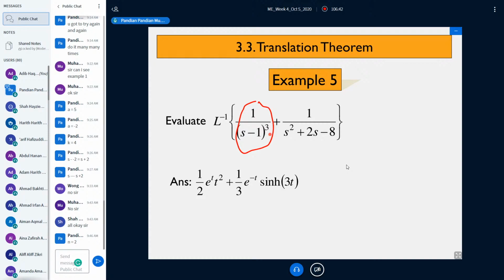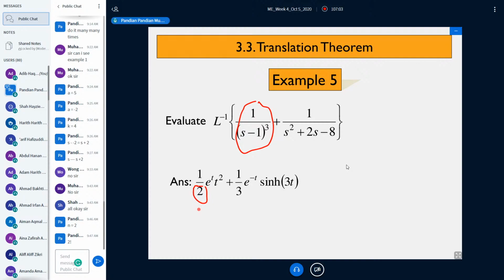So the inverse Laplace of 2 factorial divided by s power 3. You have 2 factorial, so you have to divide by 2, since 2 factorial is 2.